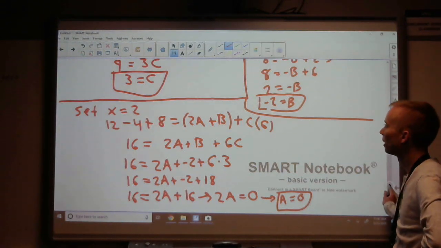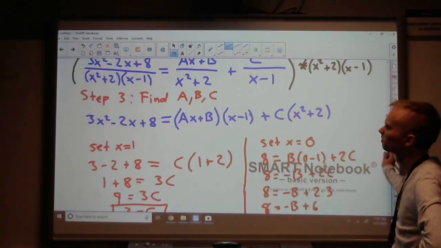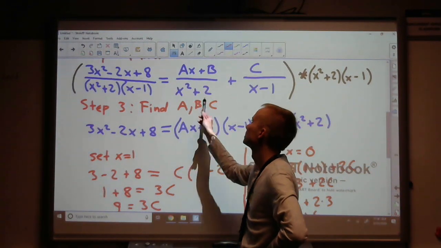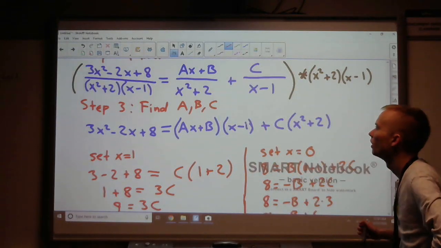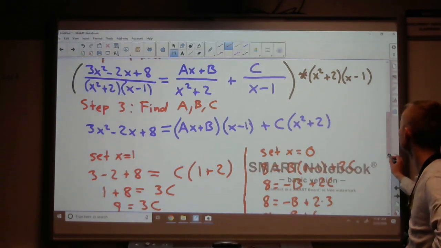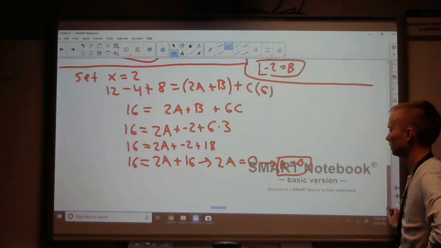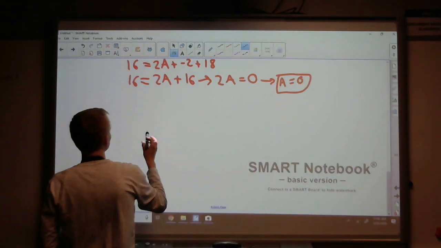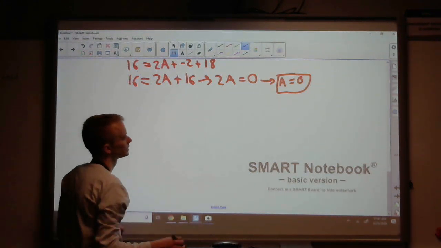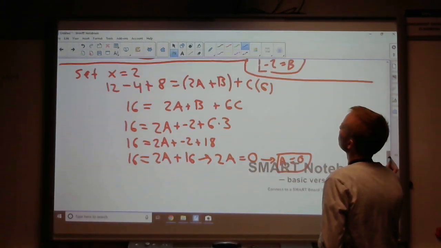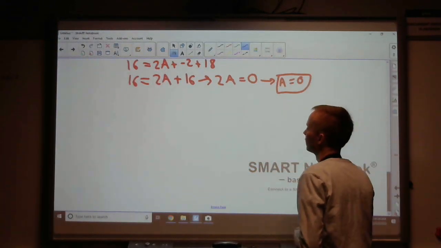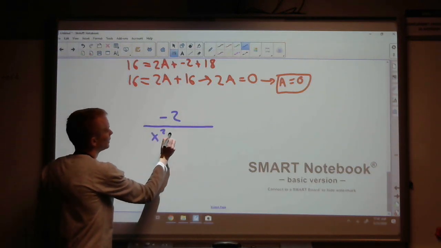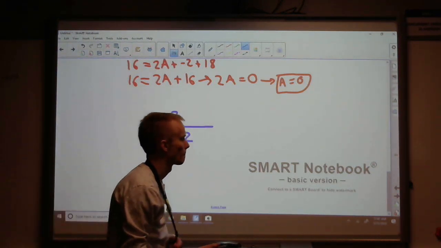So scroll back up. What did our answer look like? It was like this: ax plus b over x squared plus 2. So my final answer here, a was 0, so I'd have 0x plus b is -2, so just -2 divided by x squared plus 2.